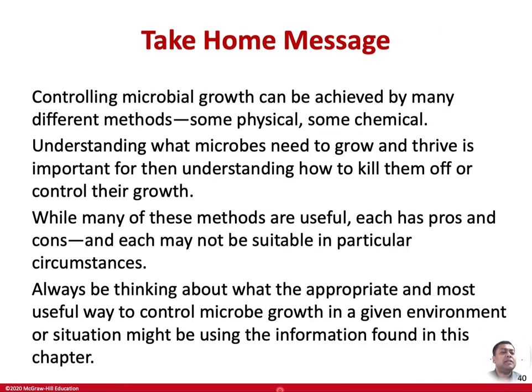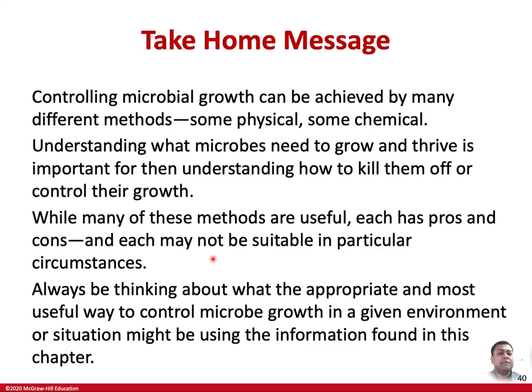So that's pretty much the chapter, which shows that the controlling of microbial growth can be achieved by many different methods, some physical, some chemical, and understanding what microbes need to grow and thrive is important for understanding how to kill them and control their growth. Most of the methods are useful, but many of them have pros and cons, and each may not be suitable under particular circumstances.